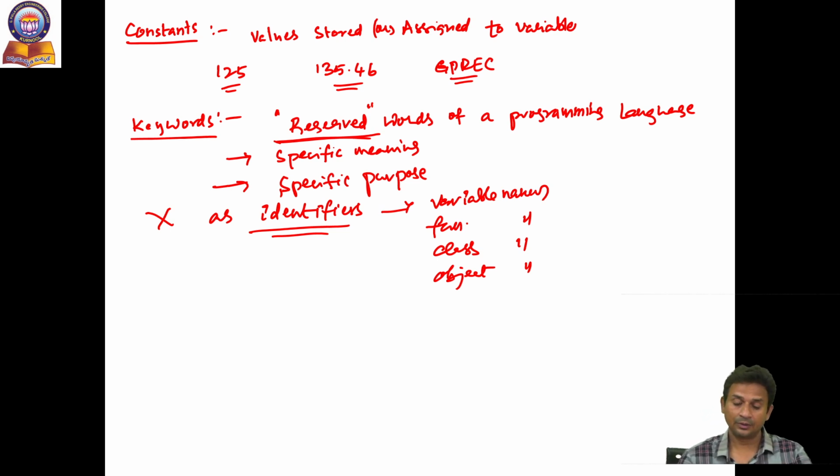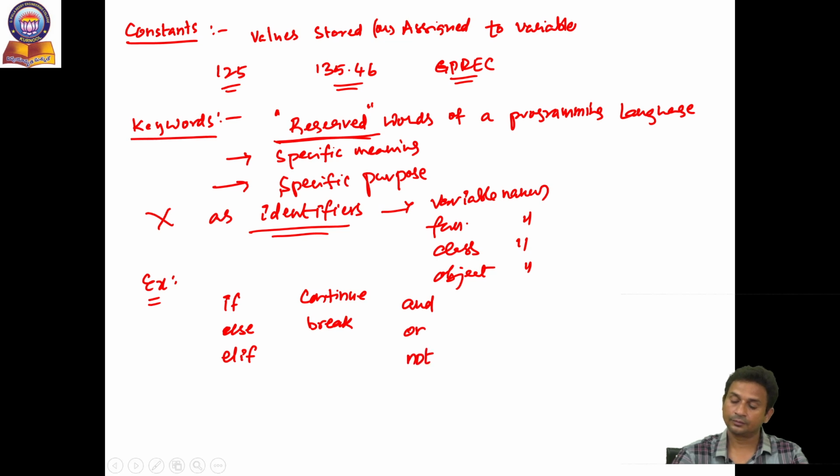Now let us see some examples of keywords used in the Python language: if, else, elif, continue, break, and, or, not, for, while, and so on.